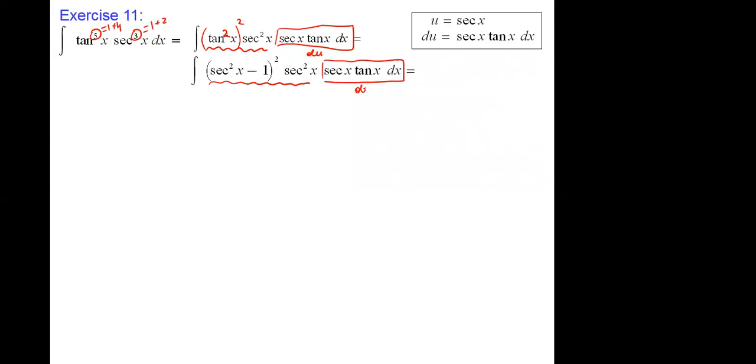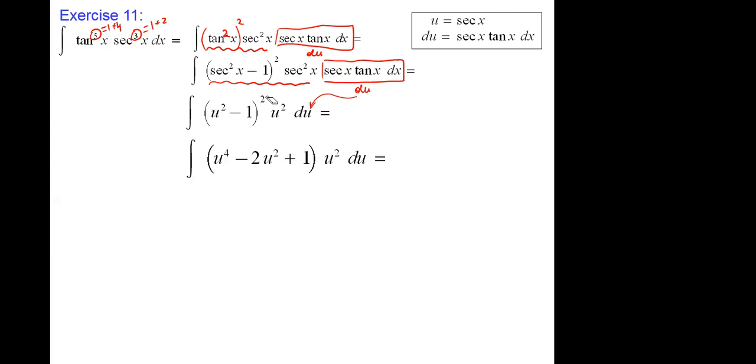I can let u be secant of x, and this is my du, derivative, secant times tangent. u squared minus 1 and the extra square, because that was 4, and u squared, and this is my du, was waiting. Let's expand this. u squared minus 1 squared is u to the power of 4 minus 2u squared plus 1. If you like, you can FOIL everything, and you will get this.